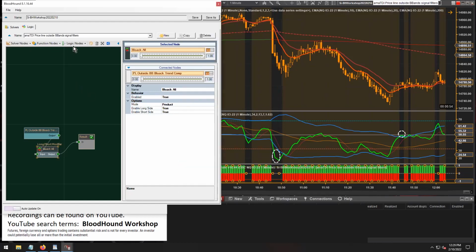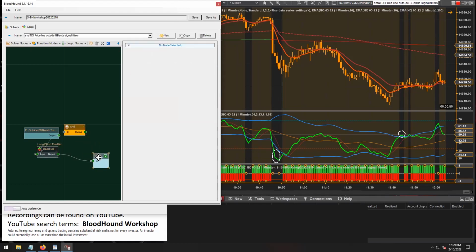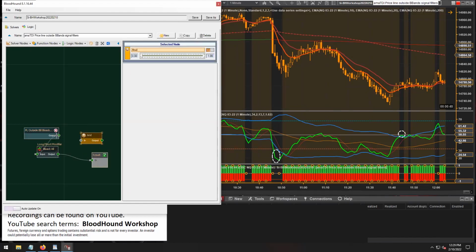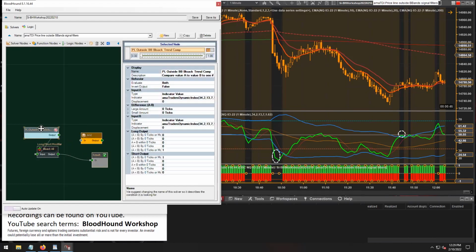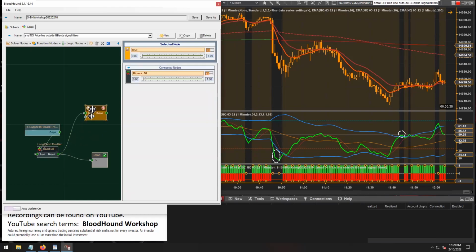Of course, the last component is, you need to connect, depending on what you want. If you want to block all, you would connect that to an AND node, and of course the rest of your signal and system needs to get connected into this AND node there.